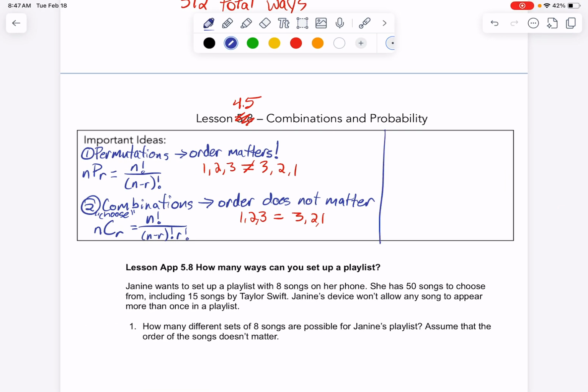All right. Last thing. With combinations, you'll see we're about to do some probabilities with combinations. Combinations really, really lend themselves to probability.